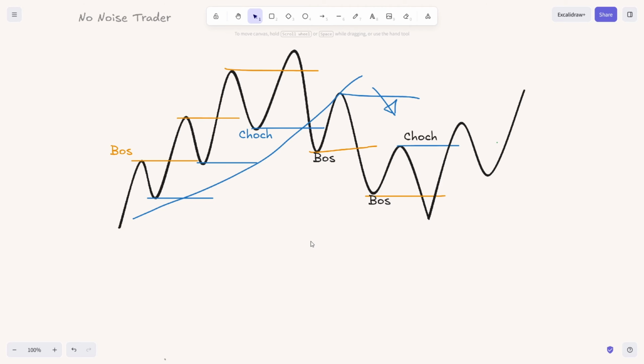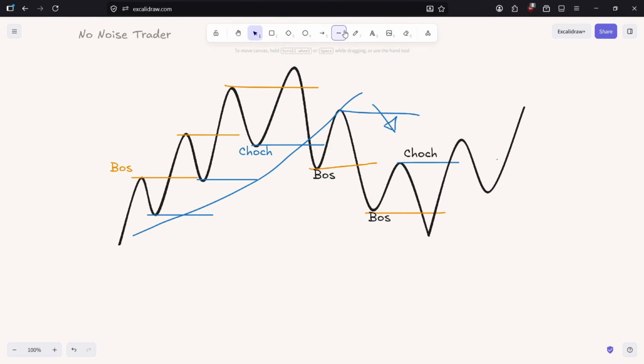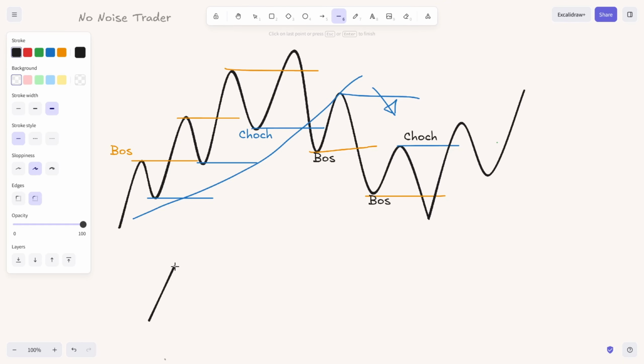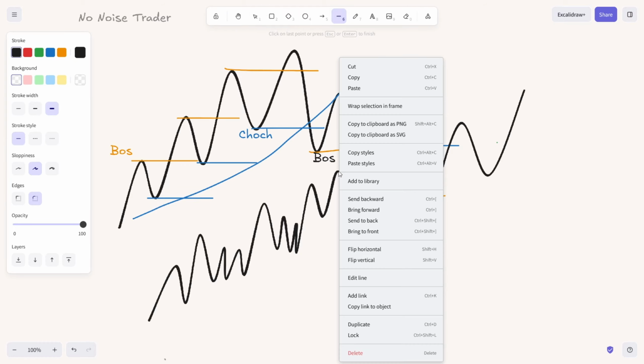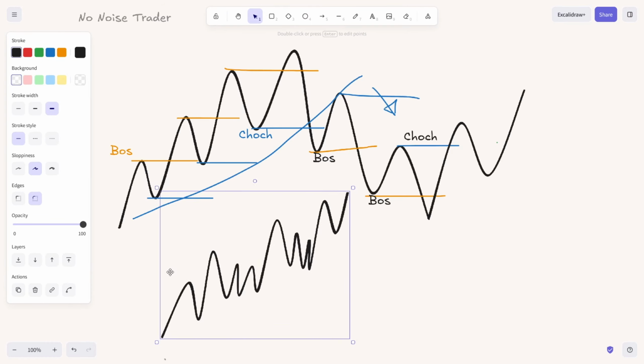Great. So why is this very helpful? This is very helpful because we could have these examples, and you will see them a lot in charts. Great. This is a good example.